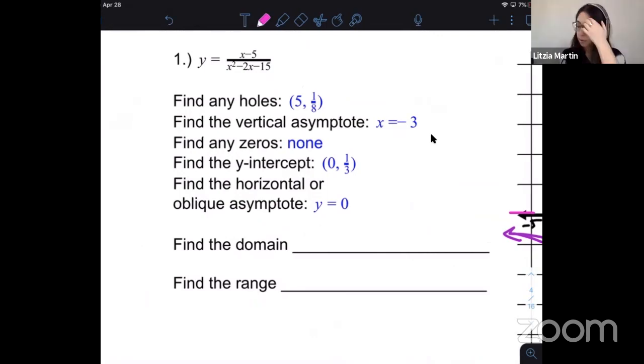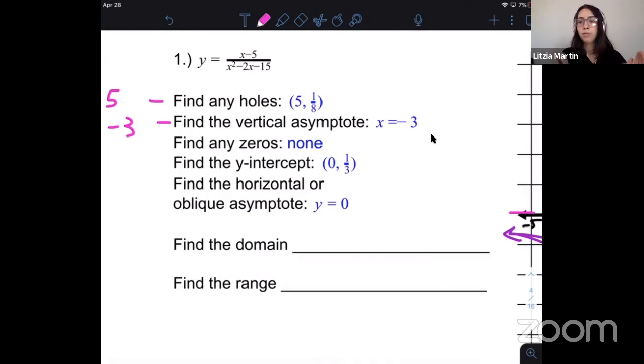I see that I have a hole and I also have a vertical asymptote. So I know that those are the two things that are going to break up my domain. So what I want to do is see what those values are. For the hole, it would be 5, and the asymptote is -3. So you want to make sure that you get those in order first.